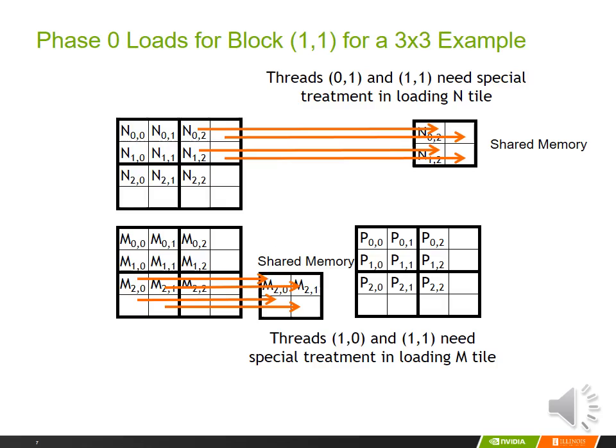So these threads will need to have special treatment in phase 0. This suggests that the boundary condition checking needs to happen in every phase of the tiled algorithm. It's just that different threads in different thread blocks will likely have the boundary condition situation during these phases.